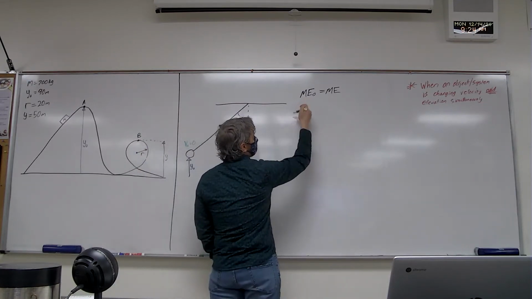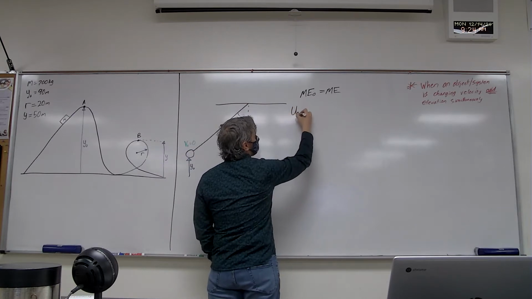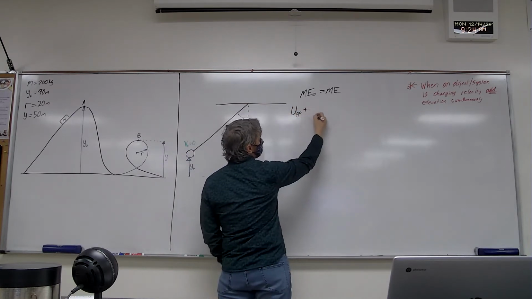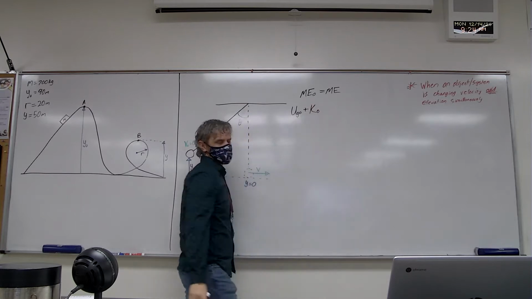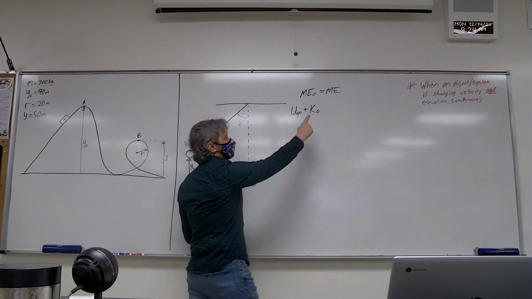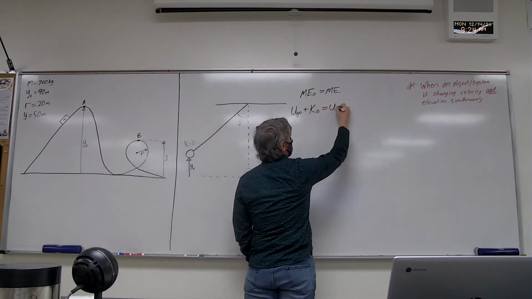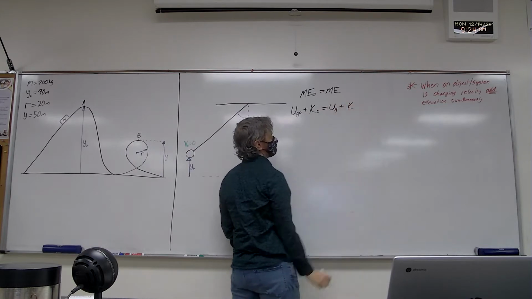So the initial mechanical energy can be divided into 2 forms. The initial gravitational, U g naught, and the initial kinetic, K naught. And the final mechanical energy can also be divided into 2 forms, gravitational potential and kinetic.